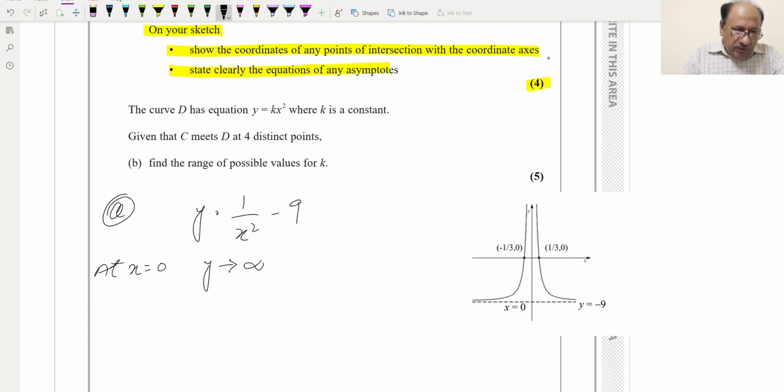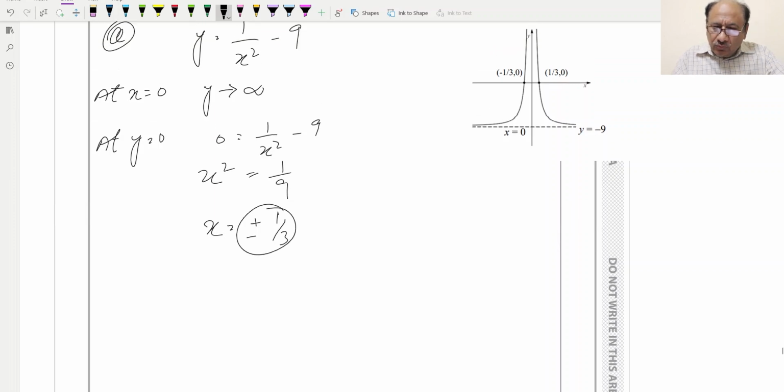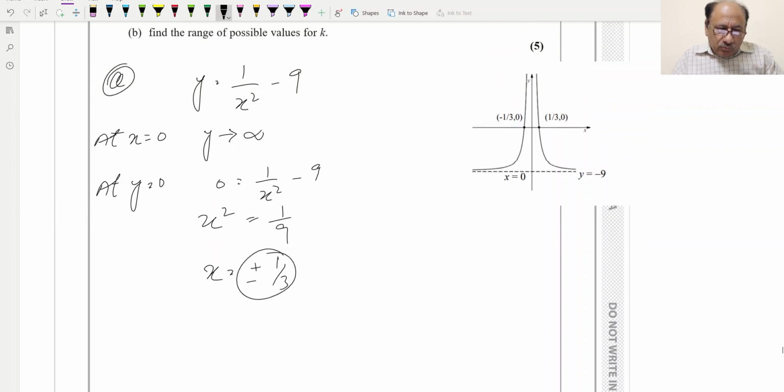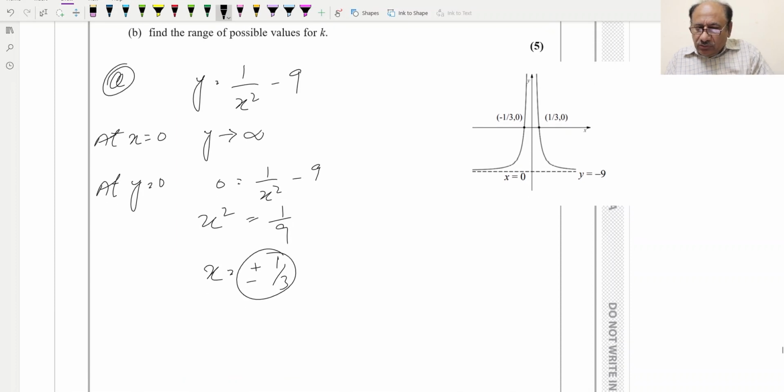At y is equal to 0, this equation will be 0 is equal to 1 over x square minus 9. So x square will be equal to 1 over 9, and we can write it as x will be equal to plus minus 1 over 3. So these will be the two values. So x is equal to 0 is basically the asymptote.